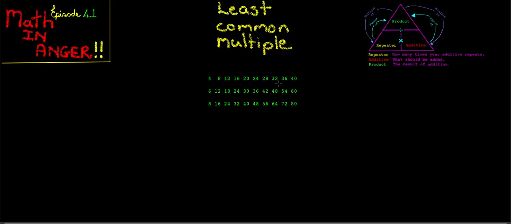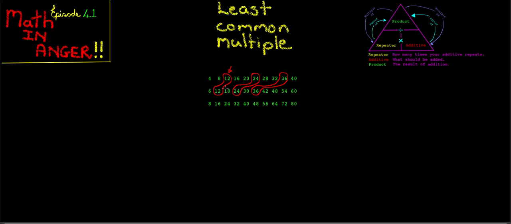So let's take a look at all these multiples for 4 and 6. You've got 12. And what was the next one? It was 24. And then we had 36, right? So which one of these is the least common multiple?